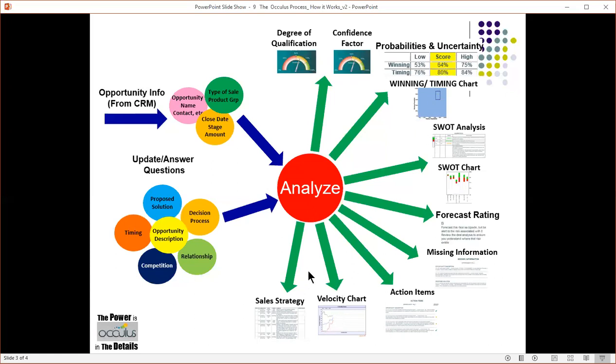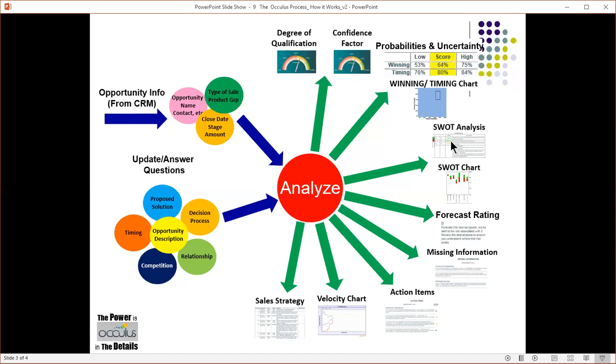And then the final thing we have is the sales strategy. This is where you just put into Oculus what your next steps are on your sales strategy. This is a very effective means to communicate with your sales manager. Your sales manager is going to want to know a couple of things. How well the opportunity is qualified, which he or she can get from the degree of qualification.